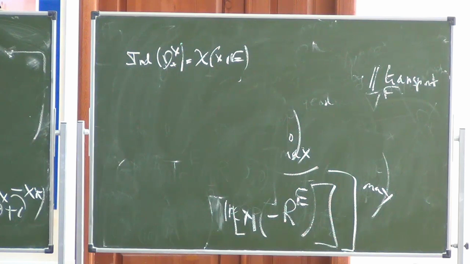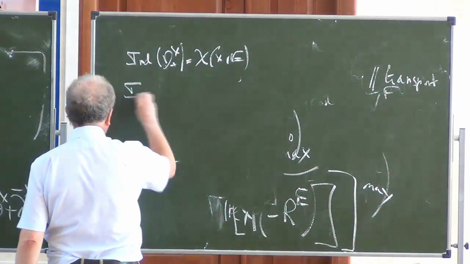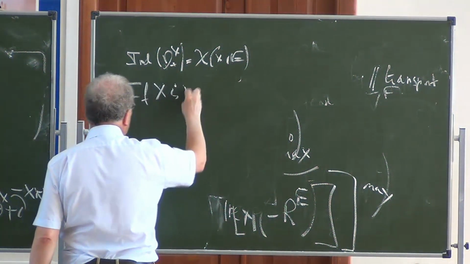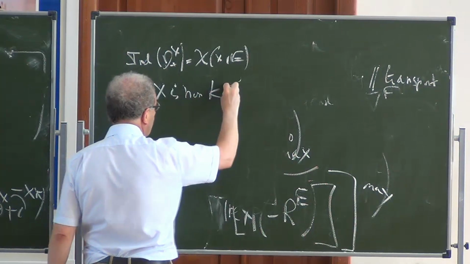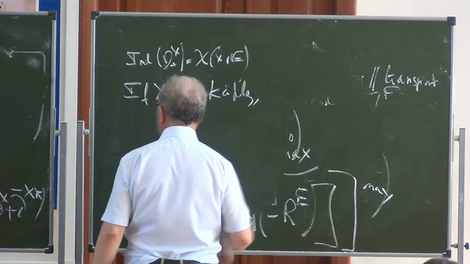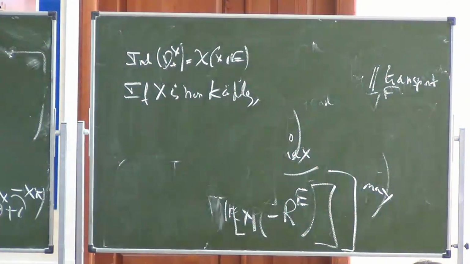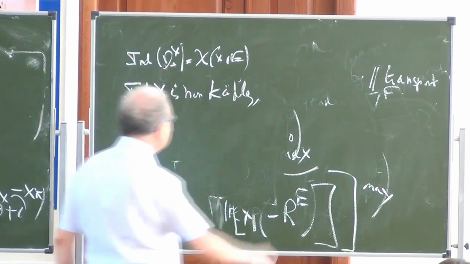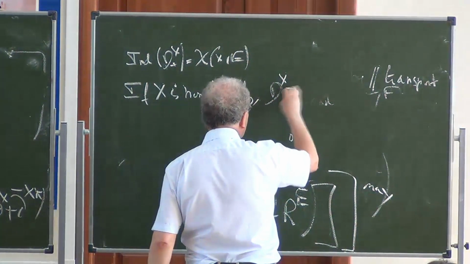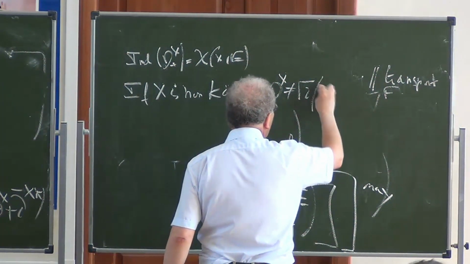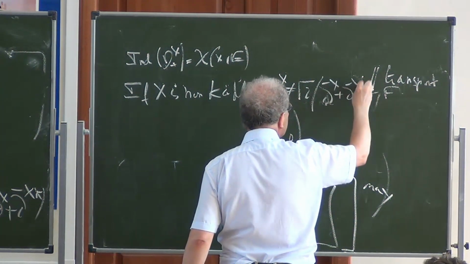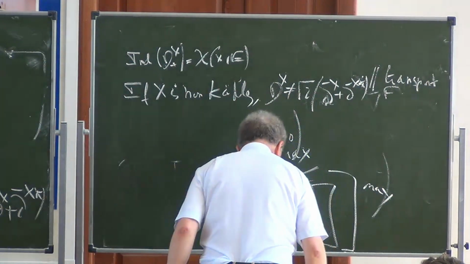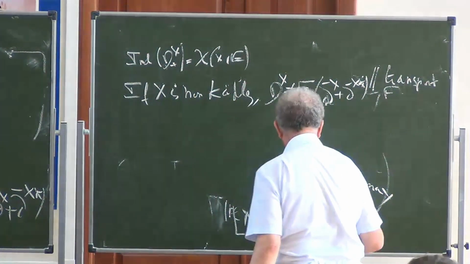If the manifold is non-Kähler, well, you can still use the Atiyah-Singer index formula, because even though dx is not equal to d bar x plus d bar x star, so these operators are no longer equal, they have the same symbol.